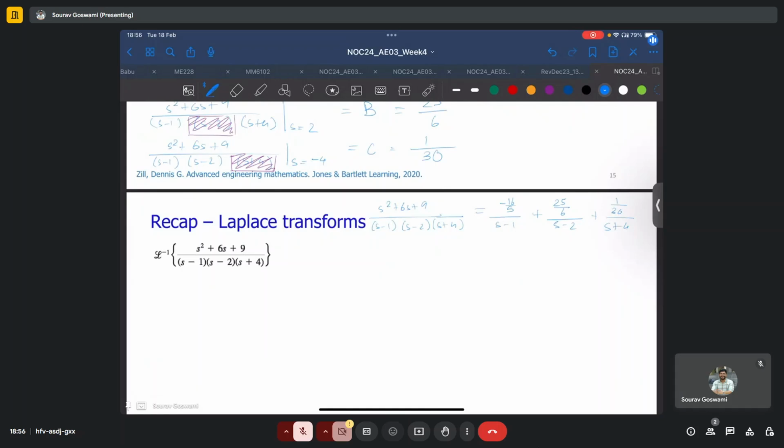And so when I'm trying to find the linear inverse Laplace transform, what I'm simply doing is finding the inverse Laplace of each of these terms separately and then adding them together, as we saw from the property of Laplace transforms and inverse Laplace transforms.